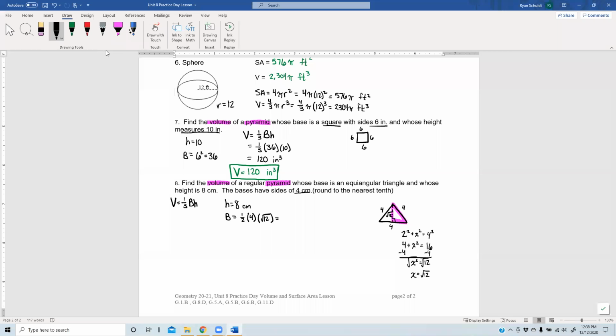Which would get me, I'm going to go out to like 6 decimal places because they asked me to round to the nearest 10th. So, yeah, actually, you know what?